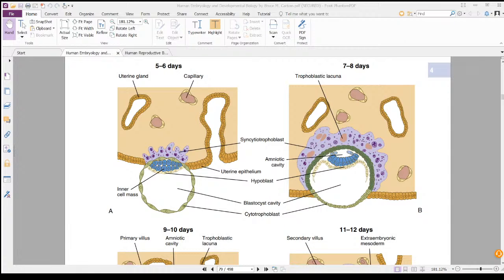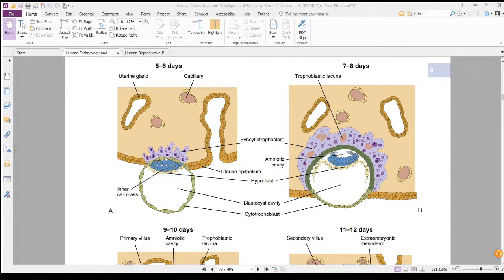In the area of the blastocyst around the inner cell mass, the cells derived from the cellular trophoblast, known as cytotrophoblast, fuse to form a multinucleated syncytiotrophoblast, forming the syncytiotrophoblast layer.